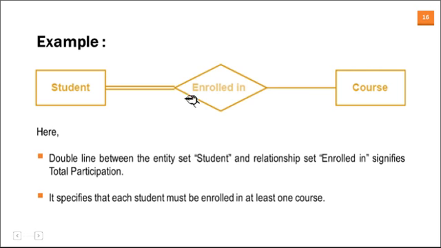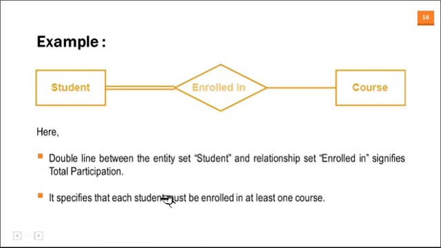No. If they are enrolling, meaning they are participating in this relationship, then those persons are students. So the entity set student consists only of those participating, that is, enrolling for a course. Otherwise the entity set student will not consider all the persons.